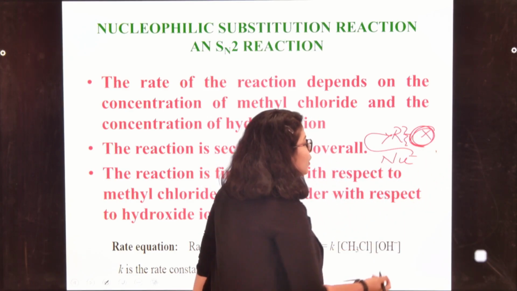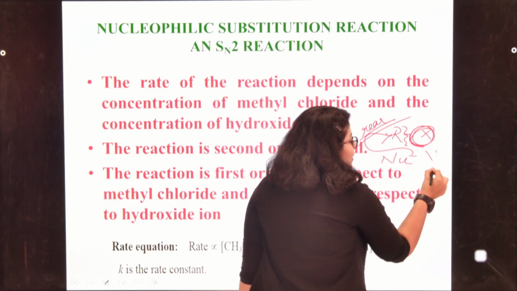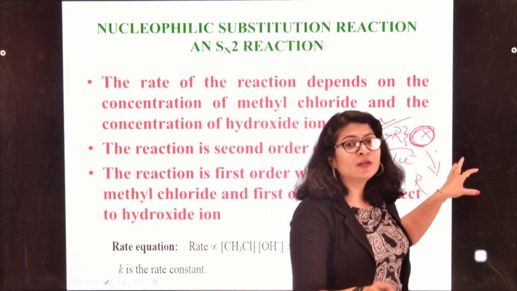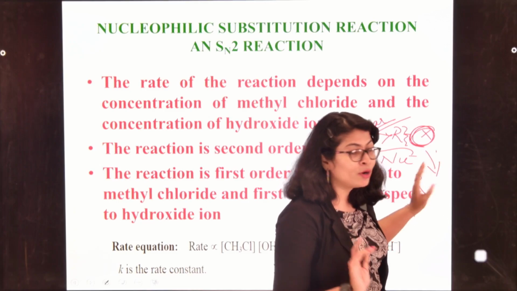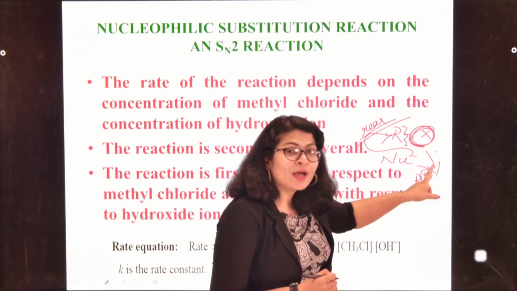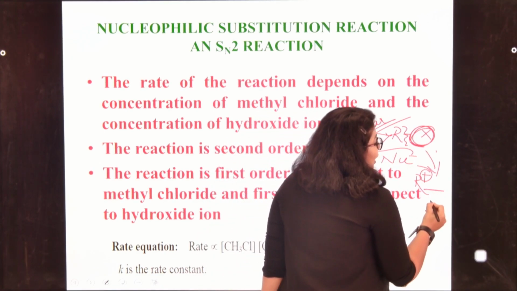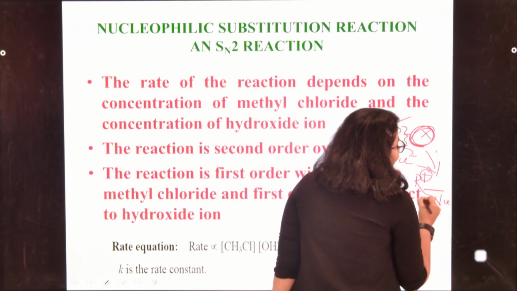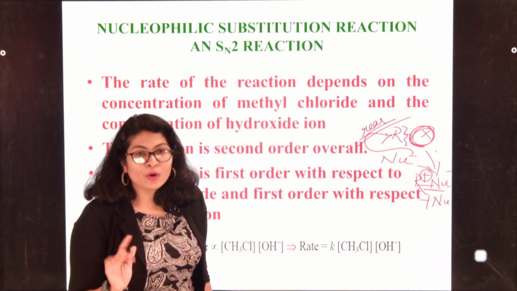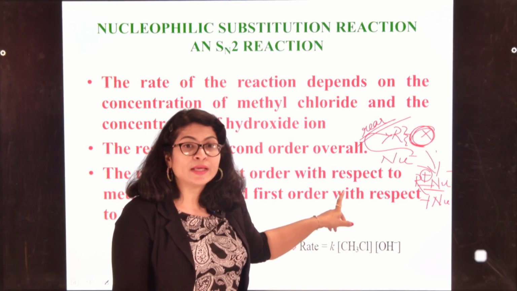So the first way was rear attack or backside attack, and in the second, the organic substrate breaks off the RX bond and makes a carbocation already ready for the nucleophile to come and take its place. It keeps this place vacant and the nucleophile just comes and attaches itself, resulting in the formation of the R-Nu bond.